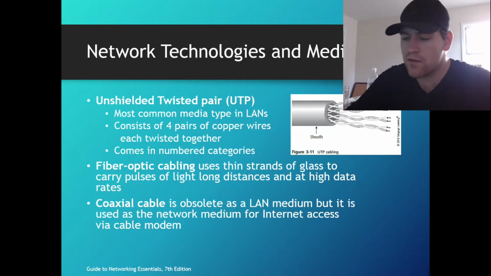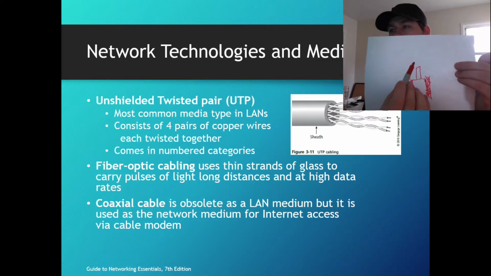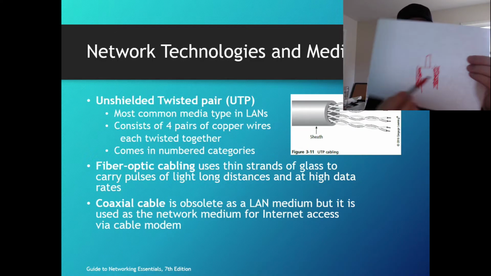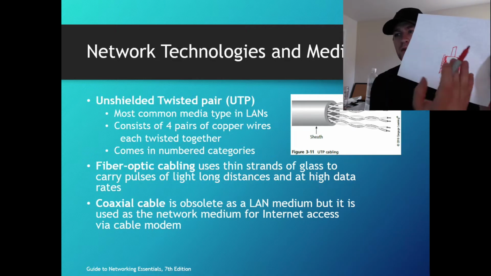So I could probably draw a little picture for you. And then a braided metal mesh, and then another piece of plastic sheathing. So there's sort of a side view. This would be your copper wire coming out the front, and this would be inside of a plastic sheathing core, and then outside of that plastic sheathing, it's actually wrapped around the whole thing.